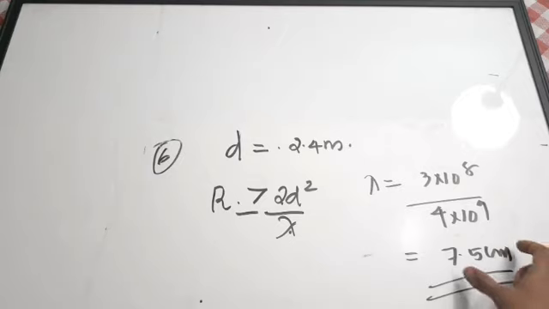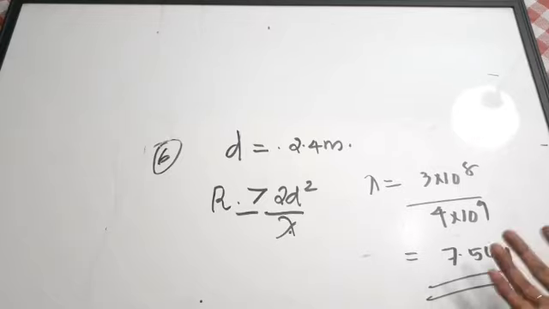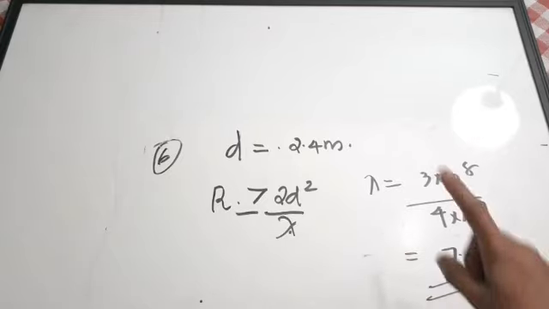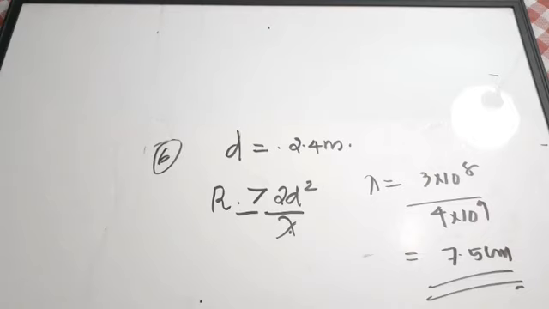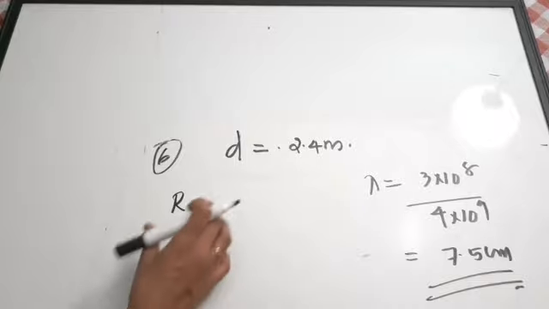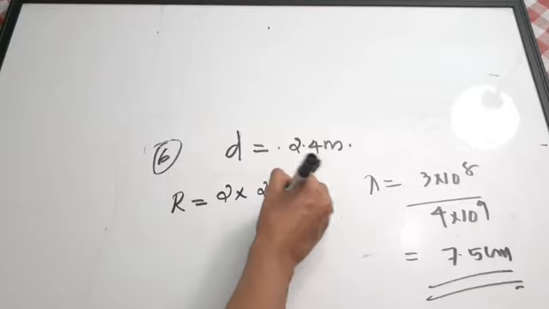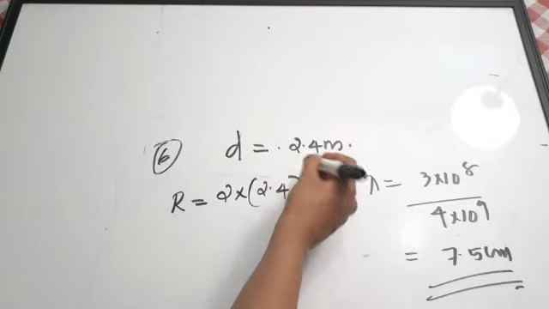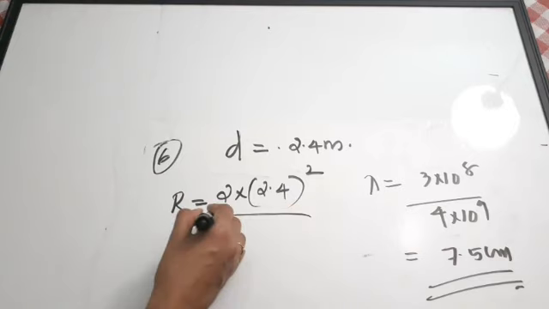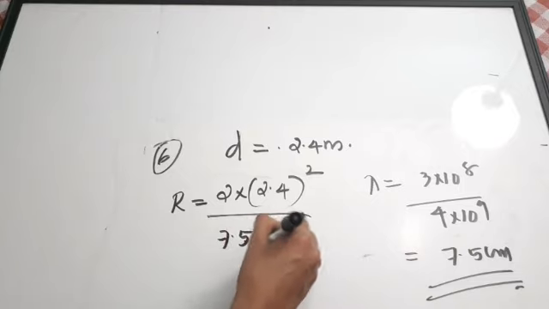Now you have to convert this to meters, so we'll write it as 7.5 into 10 raised to minus 2. Then substitute it here and find R. R equal to 2 into 2.4 squared, since it is in meters, by lambda, 7.5 into 10 raised to minus 2.